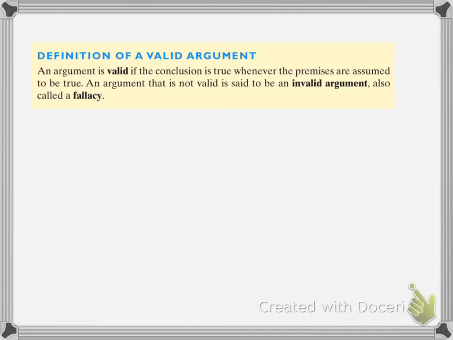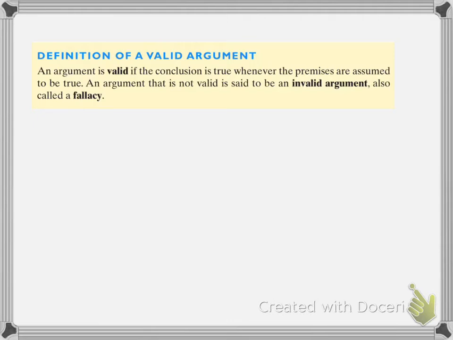An argument that is not valid is said to be an invalid argument, also called a fallacy. Okay, so as long as the premises are true, then we would say that when the premises are true, that means that the conclusion is true, then that means it's a valid argument. Otherwise, it's an invalid argument. Okay?